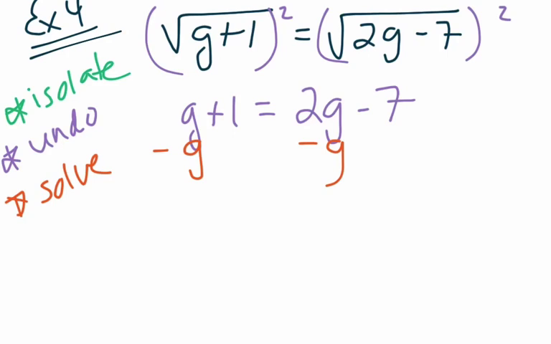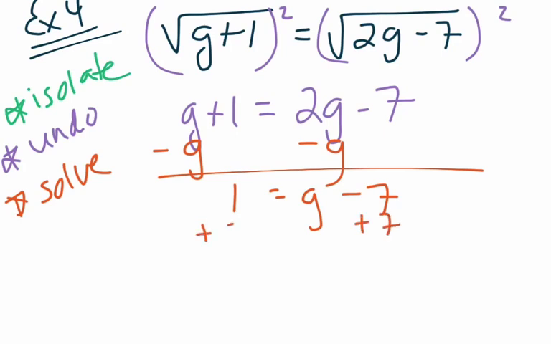You have adding and you have takeaways. If you have 2 g's and you take away 1g, you are left with 1g. And then you add the 7 to both sides, and you get 8 is equal to g, and you're good.